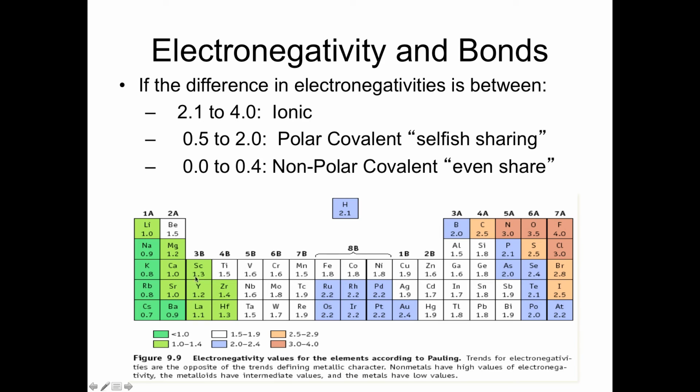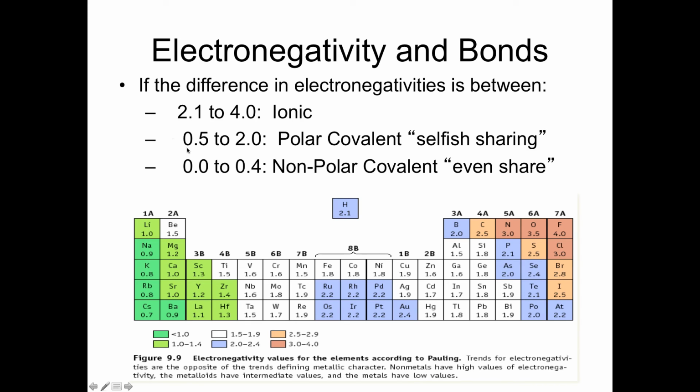The difference between those two numbers is 3.3. 3.3 would fall into the ionic type of bonding, and that makes sense because cesium is a metal, fluorine is a non-metal, and I told you ionic bonding happens when you have a metal element and a non-metal element.